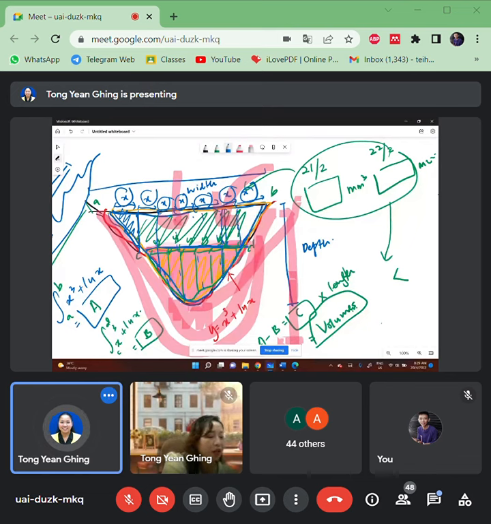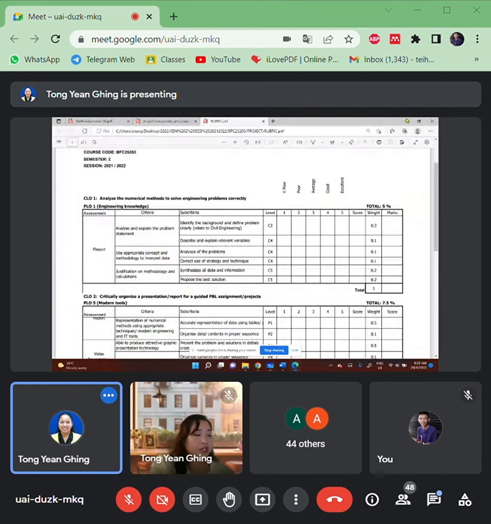We divide into a few segments, and then do the integration. And the second one, not here, another part below, we also divide into a few segments.